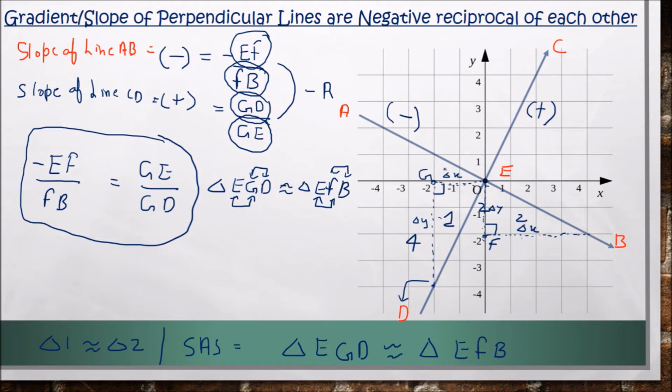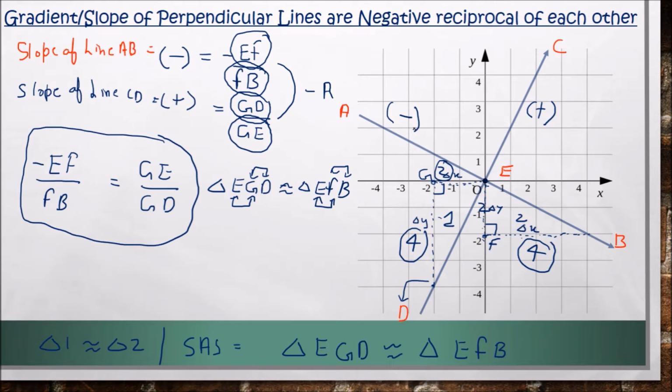And our change in x of line CD is 2 units, and our change in x of line AB is 4 units. So we can see right here that they are negative reciprocals of each other because one line is moving downwards to the right and the other line is moving upwards to the right.